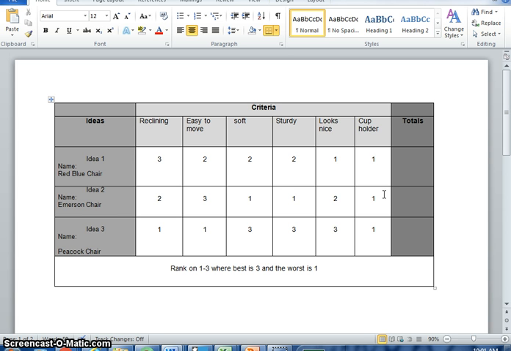If your criteria is not comparing the chairs to each other, don't use that criteria. Use something different. So let's say a place to put a glass, because that doesn't necessarily mean cup holders, right?